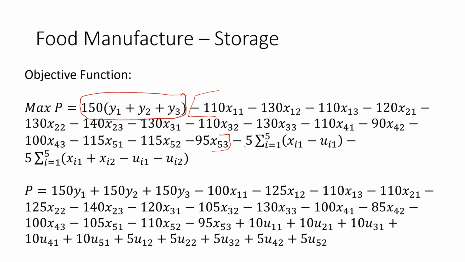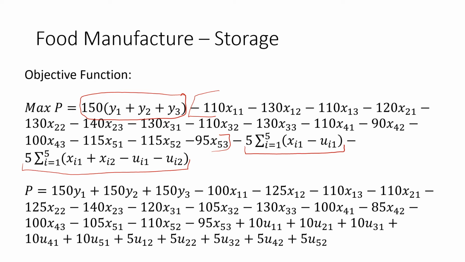So this is the cost of $5 per month minus the number of tons that gets carried from month 1 into month 2, minus $5 times the number of tons that gets carried from month 2 into month 3. So you can think of it, at the end of the month, you get a bill for $5 times the number of tons. So there's our storage cost. So that takes away from our profit.